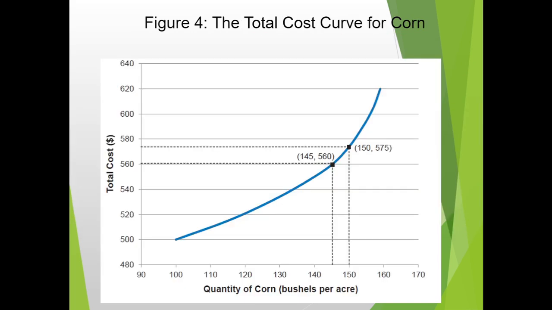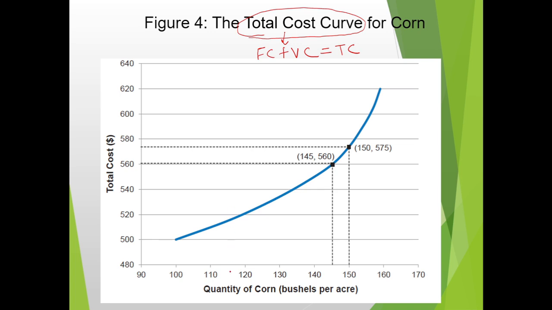So over here in this particular figure, you can see the total cost curve for corn. What is included in total cost? Fixed cost plus variable cost is equal to total cost, right?